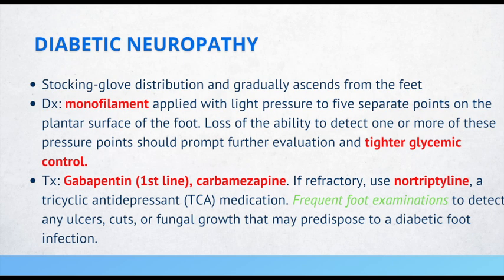Loss of the ability to detect one or more of these pressure points should prompt further evaluation and tighter glycemic control. To treat diabetic neuropathy, gabapentin is first line. Carbamazepine is also another option. If refractory to these drugs, you can use nortriptyline, a tricyclic antidepressant medication.